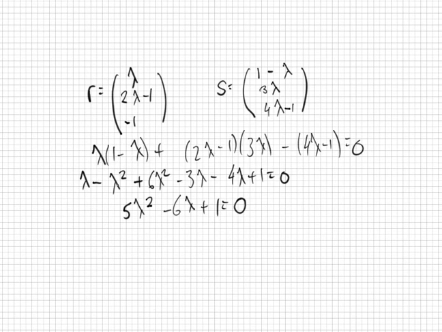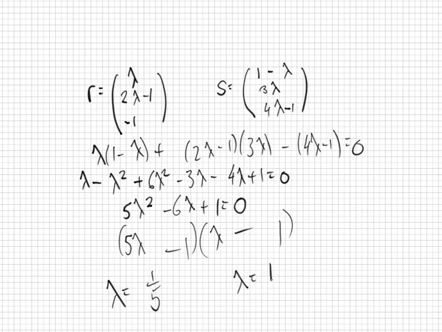Yes, it can only be this, I think. 5 lambda squared. Yeah, this is the answer. So you get 2 answers. Lambda equals 1 over 5 or lambda equals 1.